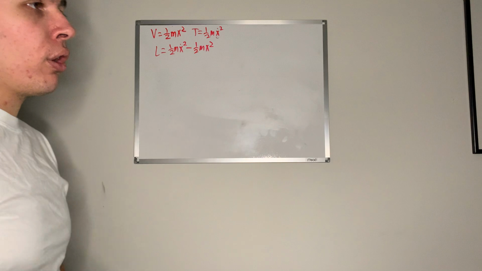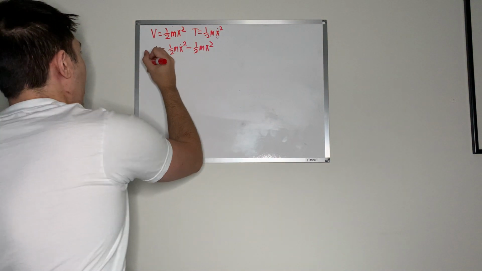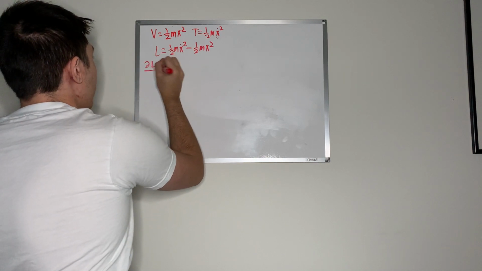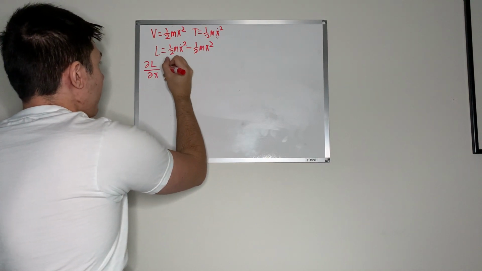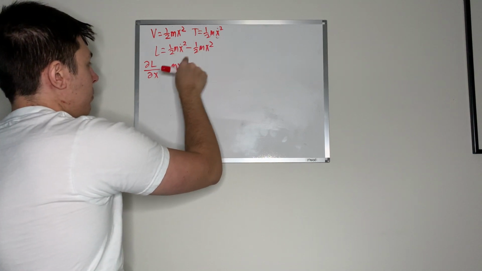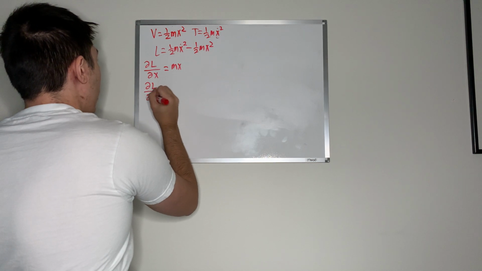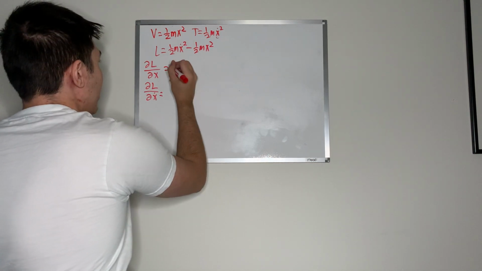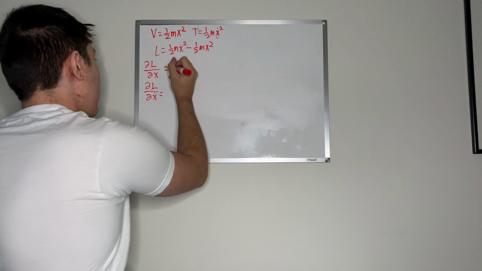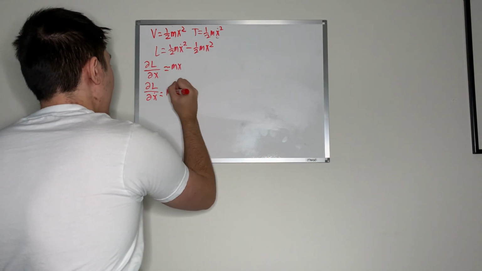So then our Euler-Lagrange equations involve differentiating this Lagrangian with respect to our position, which is just x in this case. Well, if we do that, we get negative mx, right? Bring that down. The derivative of the Lagrangian with respect to our velocity is simply going to be mx dot.